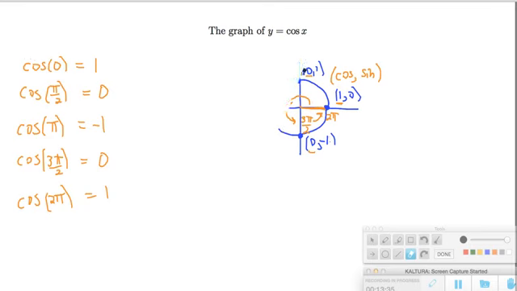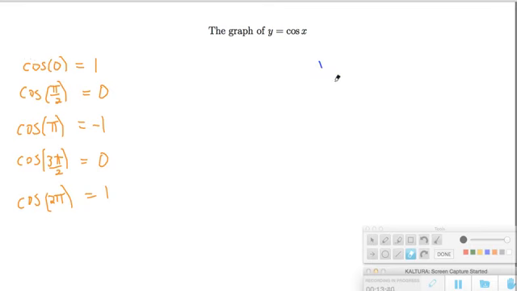So just erasing here the unit circle, so we can go ahead and write our graph on the xy plane. All right, here we go. So the exact values that we're considering, remember how it works.